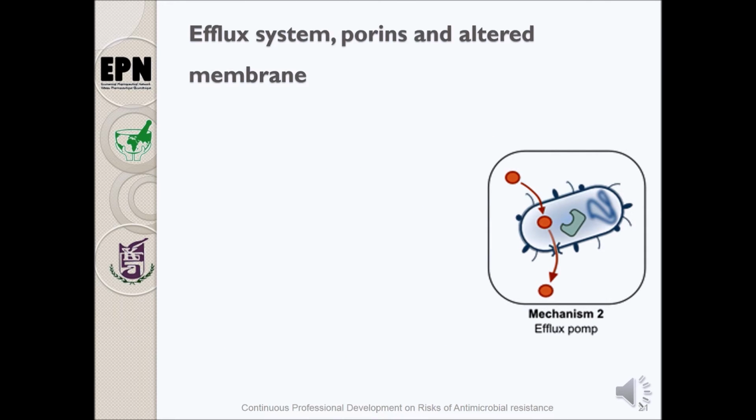The other mechanism which is effective for the microorganism is the efflux system, where the bacteria, through a channel termed a porin, can pump back out the antimicrobial agent by the efflux pump.